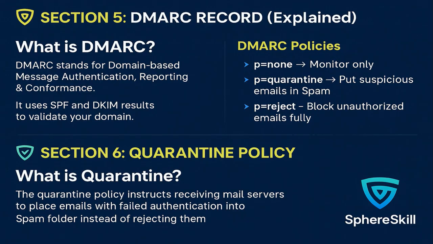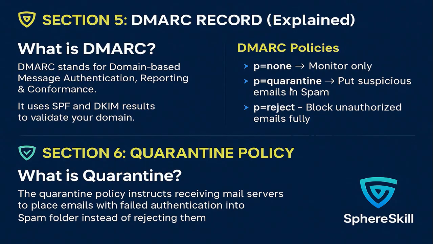If p is equal to reject, then whatever emails are sent that do not pass SPF validation or DKIM validation, the recipient server will reject all of those emails. So what will happen if unauthorized emails are sent?